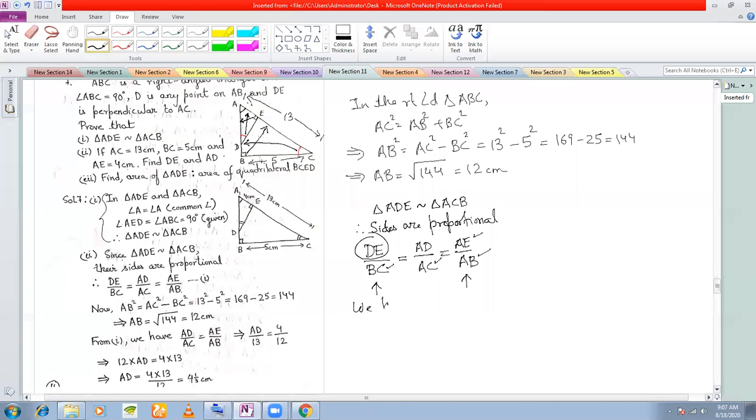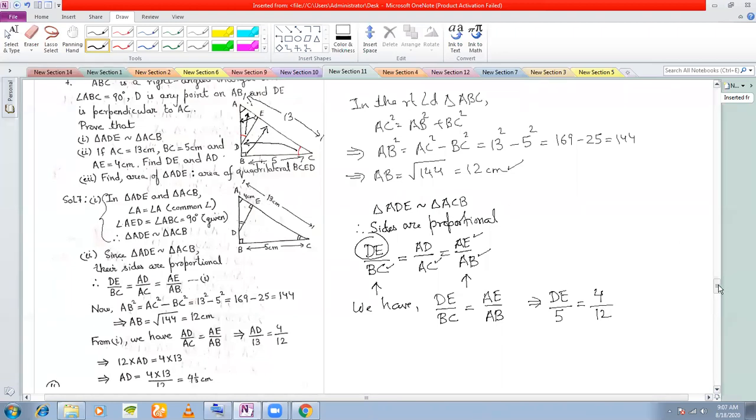So we have DE by BC is equal to AE by AB. BC is given to me as 5 and AE is given to me as 4, and AB we have found out to be 12 by Pythagoras theorem.